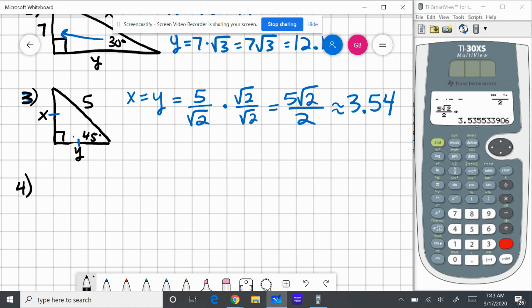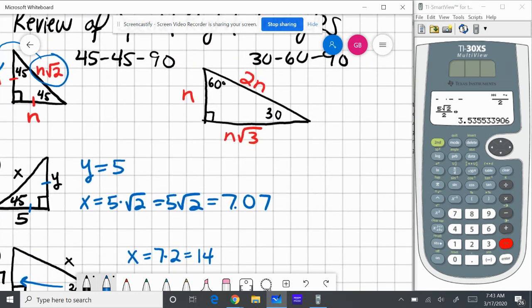Number 4. Okay. In this problem, we're given the long leg of a 30, 60, 90 triangle. Okay, so let's go back to our notes.